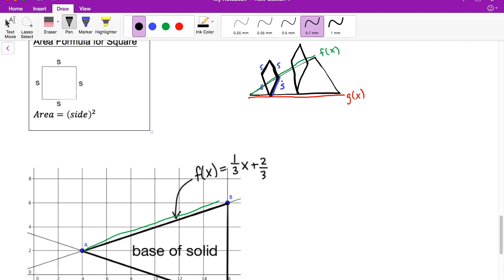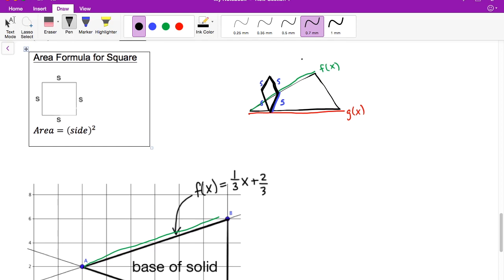Assuming that this is a square, you notice that the side length of the square cross sections is going to be different depending on where you look at the cross section. The square cross section looks like this, side length is that, but when you get to this point, the side length of the square cross section is going to be bigger because the distance between f and g gets bigger.